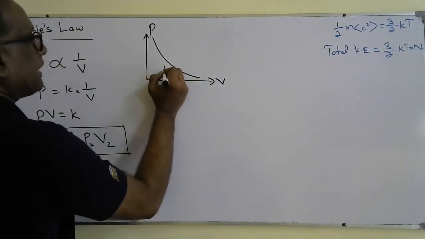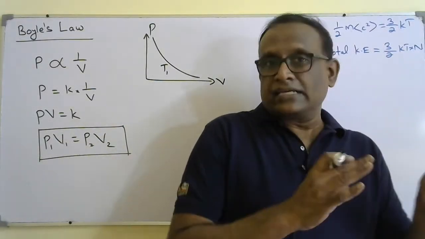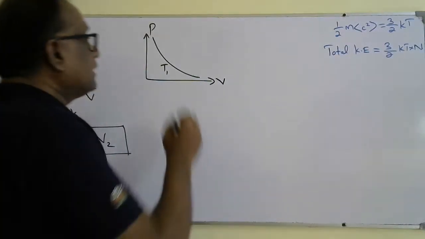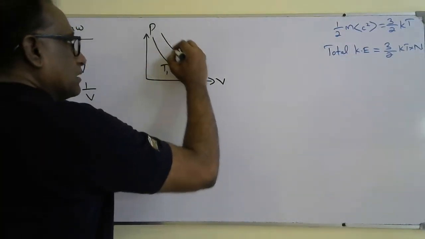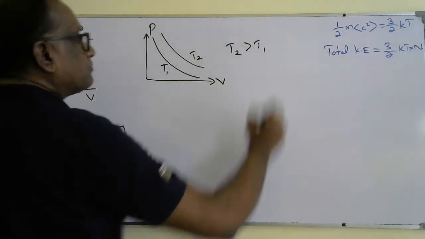This is at a particular temperature T1. You must know that at a higher but constant temperature, the graph will move outward like this. This is at temperature T2, where T2 is greater than T1.